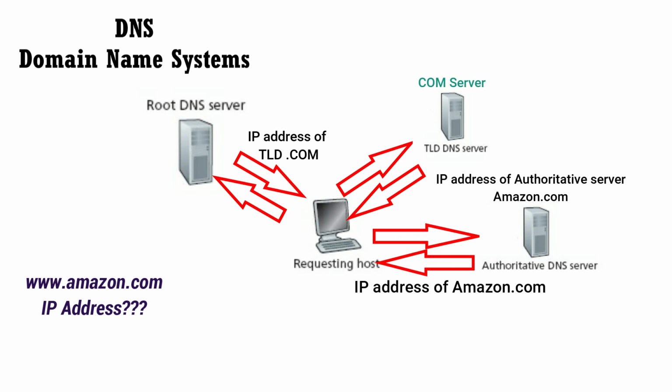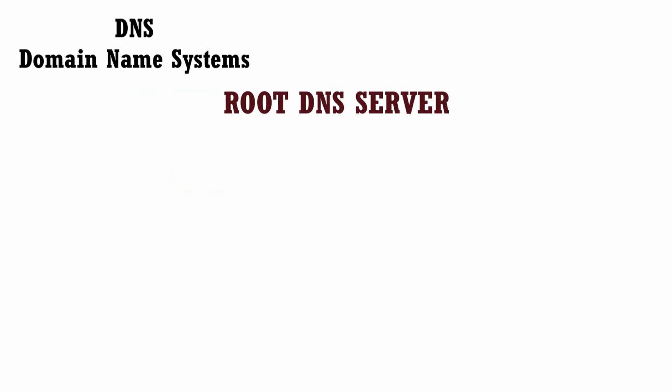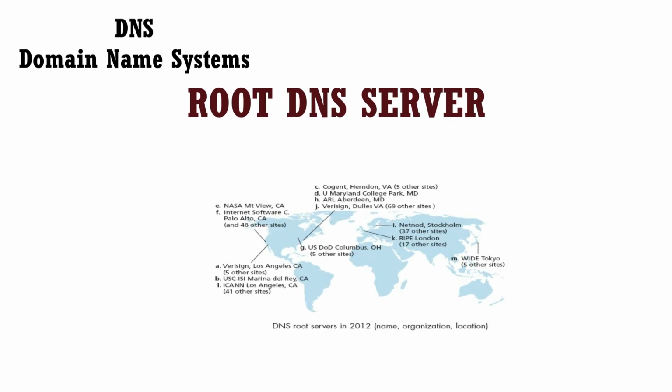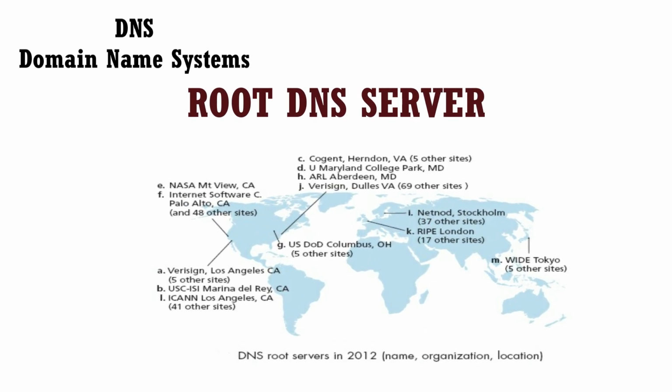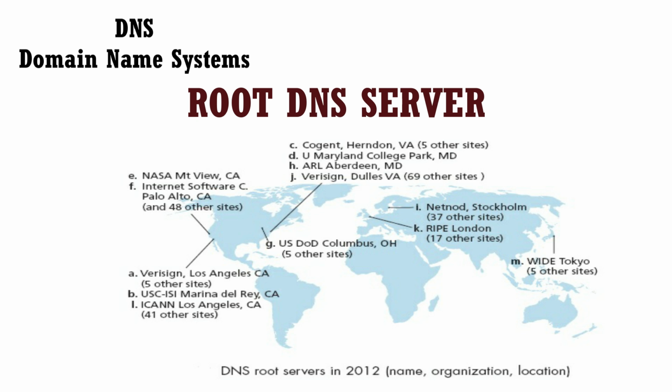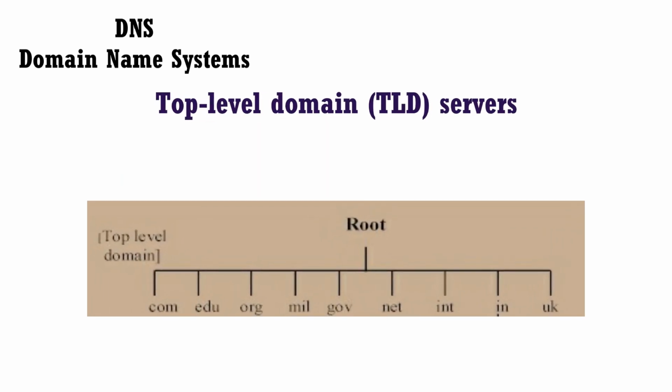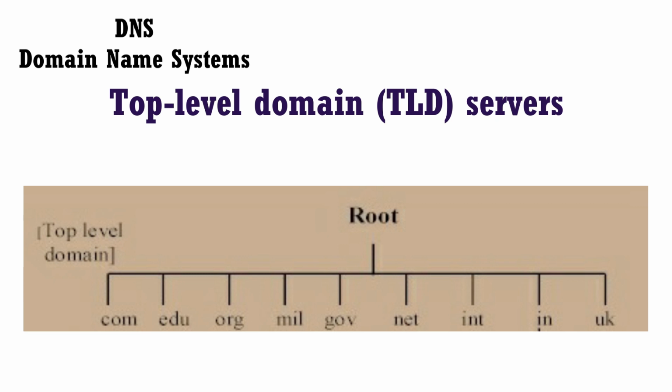But first, let us understand the three classes of DNS servers. First one, the root DNS servers. In the internet, there are 13 root DNS servers labeled from A to M, most of which are located in North America. Then top level domain servers. These servers are responsible for top level domains such as .com, .org, .net, .edu and .gov and so on.